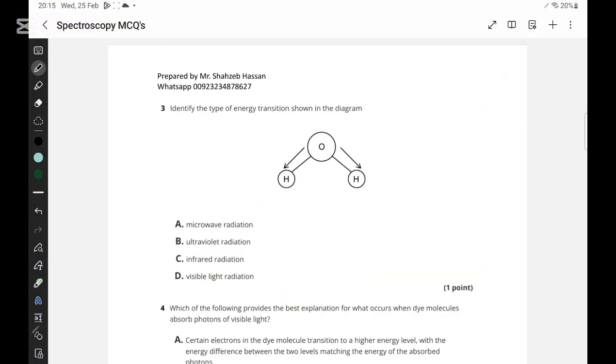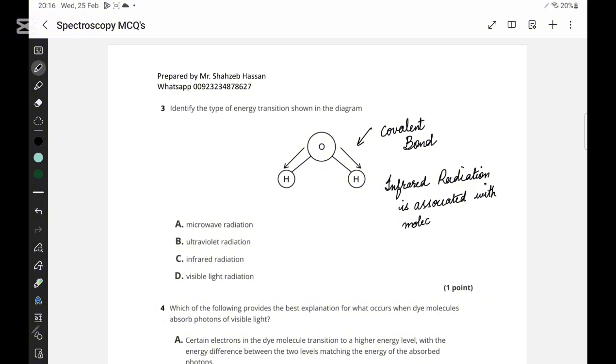In this question, they are saying identify the type of energy transition shown in the diagram. First of all, it is a covalent bond that is present in water between oxygen and hydrogen. And remember, infrared radiation is associated with molecular vibration, such as bond stretching.